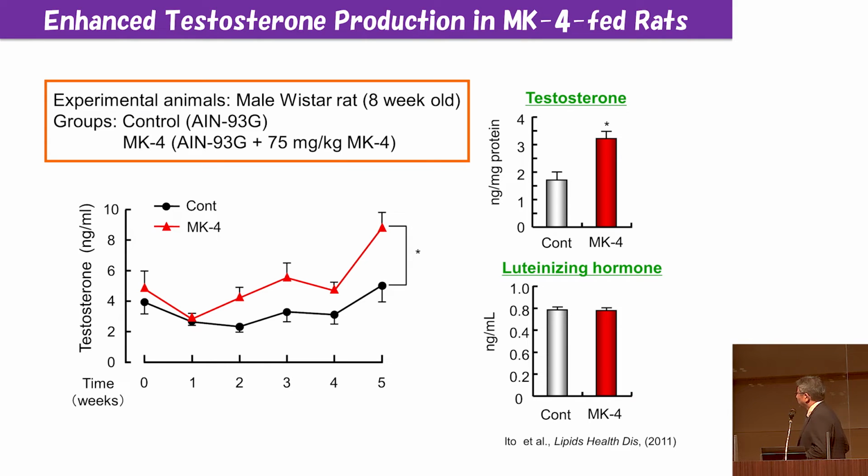Since testosterone production in the testes is controlled by luteinizing hormone from the pituitary gland, we speculated that the amount of this hormone might be altered. However, the luteinizing hormone in the blood was found to be not affected by the menaquinone-4 supplemented diet. Therefore, we presume that menaquinone-4 can directly modulate testosterone synthesis in testes.